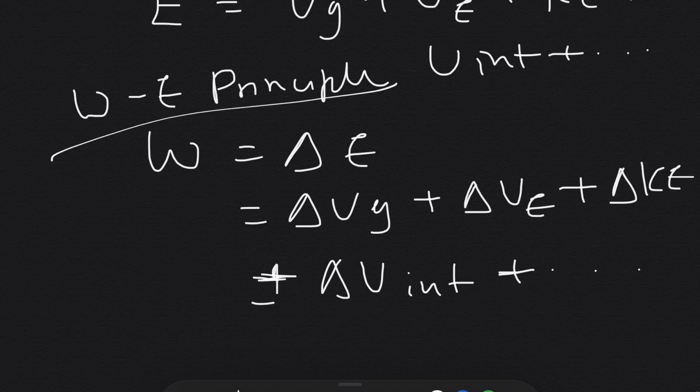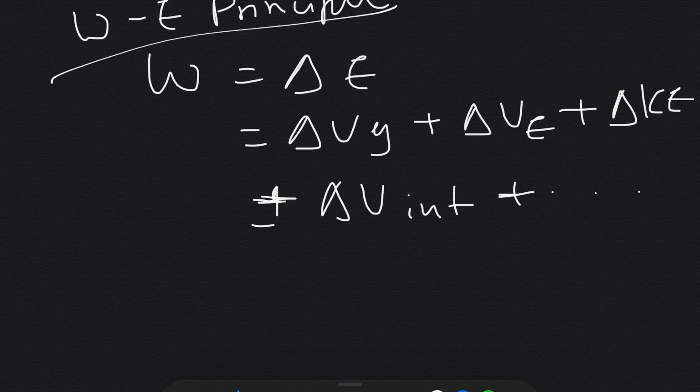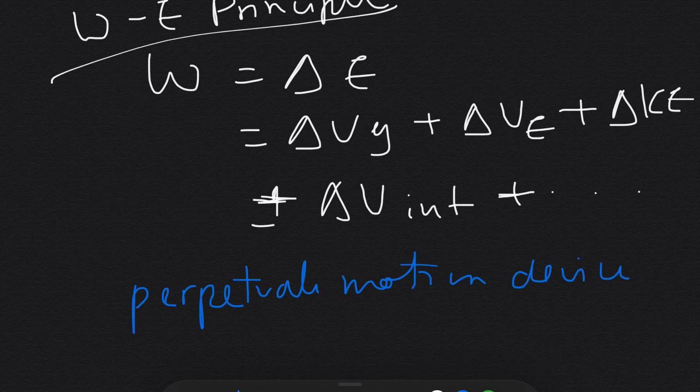And this is actually important because it opens up a discussion on a device that someone has never built, but a lot of scientists really think about a lot. It's called a perpetual motion device. It's a fictitious device that's able to produce work continuously without reducing the energy of the system. But by the work energy principle, we know that this can't be the case.